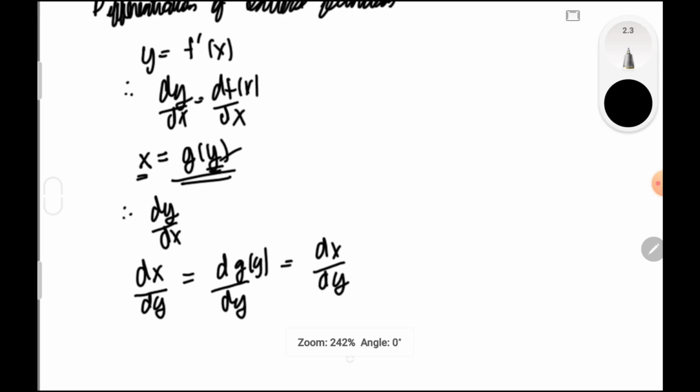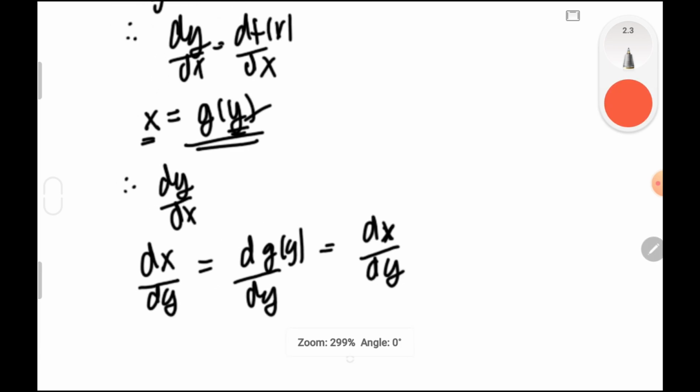In this case, you can see that dx is the numerator. So how would we see that dy over dx, as the derivative, must be equal to the inverse of dx over dy? If we further manipulate this, dy over dx is equal to 1 over dx over dy.